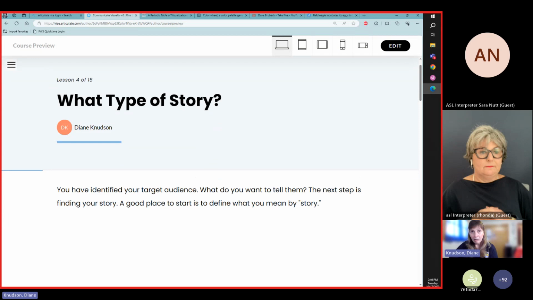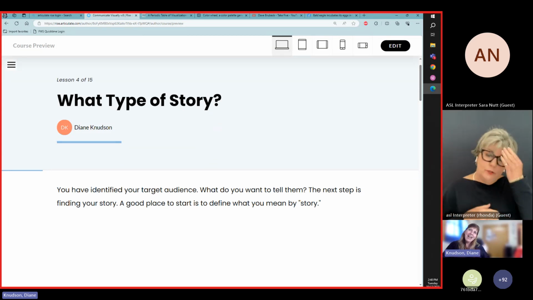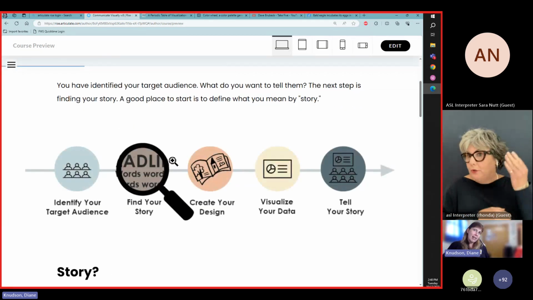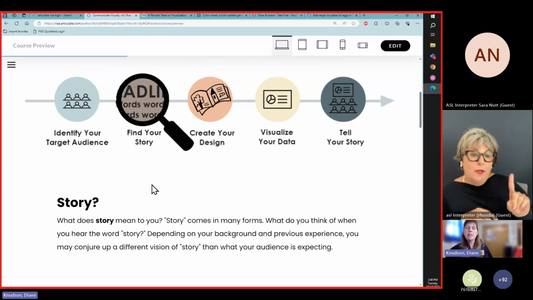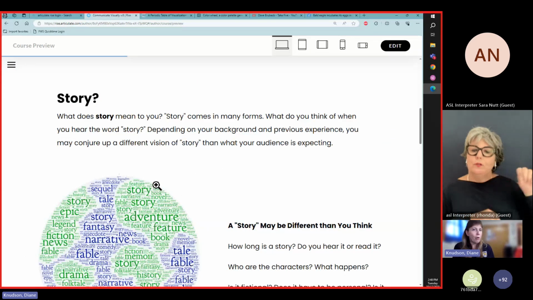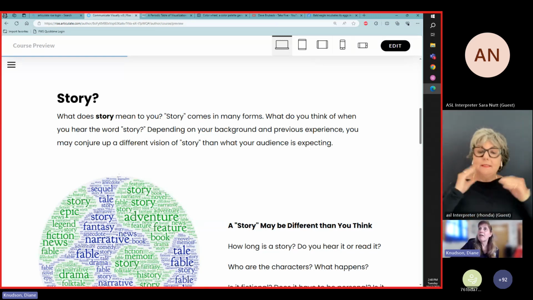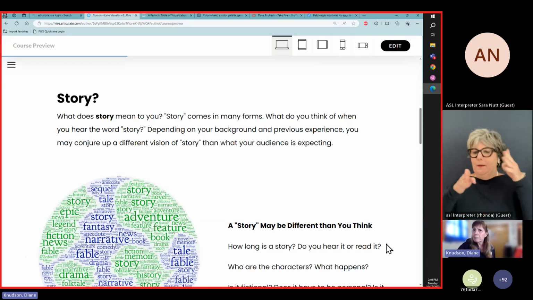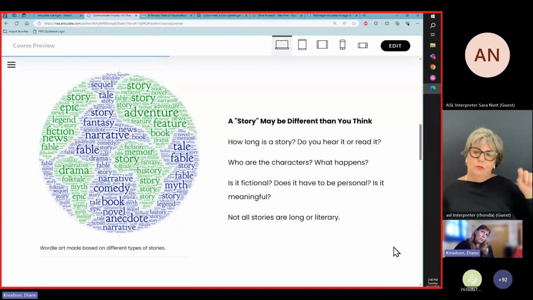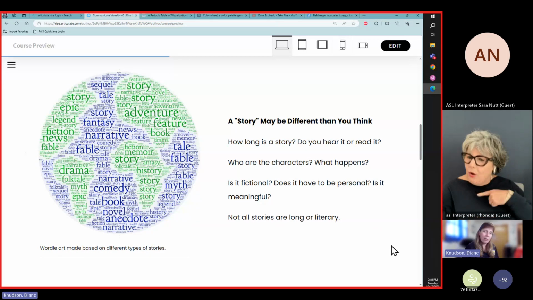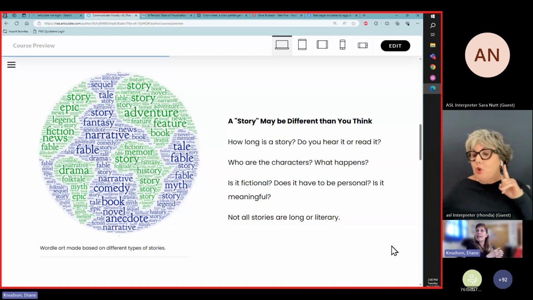So what do you tell your target audience? A good place to start is with the word story. Story comes in many, many forms, and it depends on your background and your previous experience of what you think of when somebody says story. So to think about story, how long is a story? Is it something that you hear? Is it something that you read?